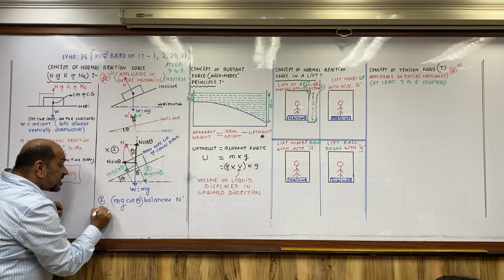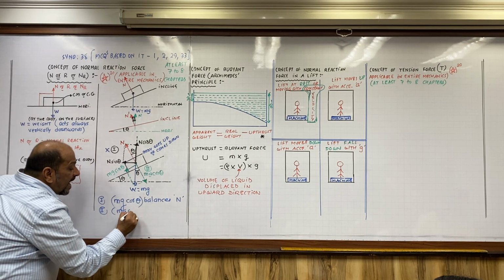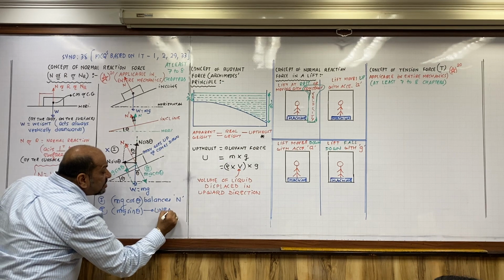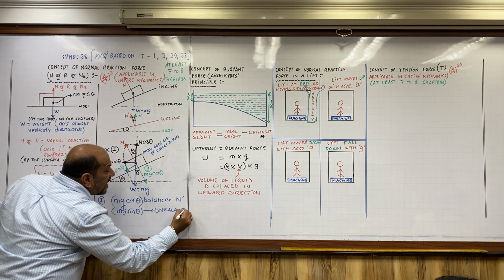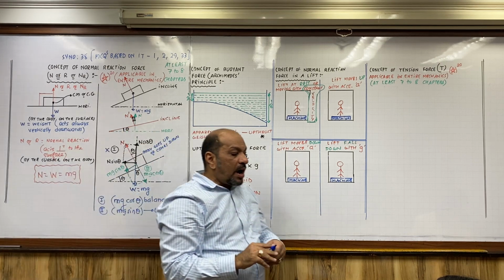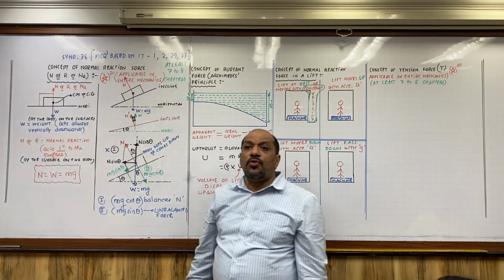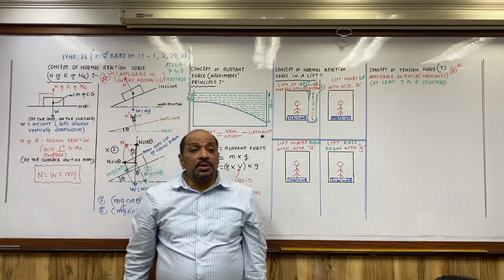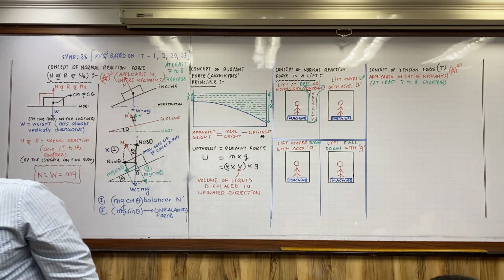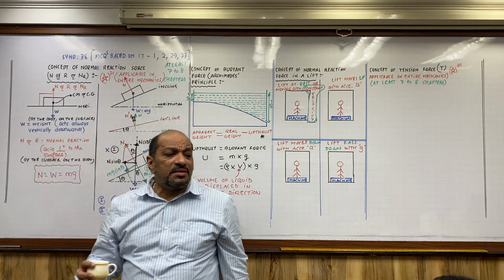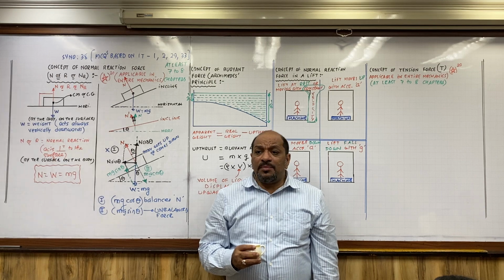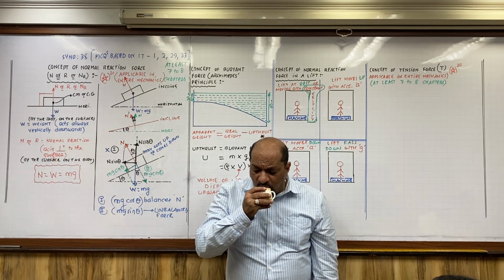How about mg sin theta? mg sin theta behaves as unbalanced force, and therefore the body comes down in the direction of unbalanced force according to Newton's first law. Unless and until the body is acted upon by some external unbalanced force, if the body is at rest, it remains at rest, and if the body is moving, it continues to do so in the same direction with same velocity. Yes or no?